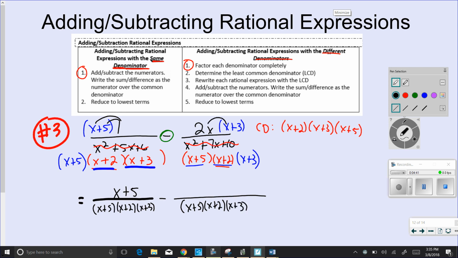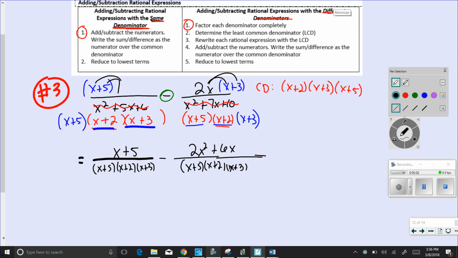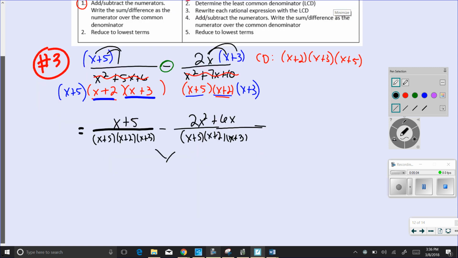So 2x times x is 2x squared. 2x times 3 is plus 6x. Okay, so then now we can combine together our fractions into one.